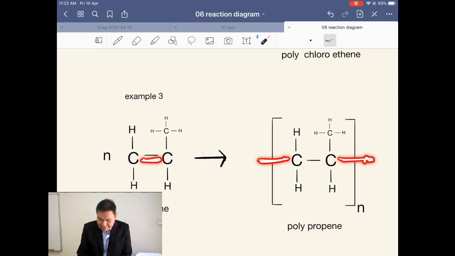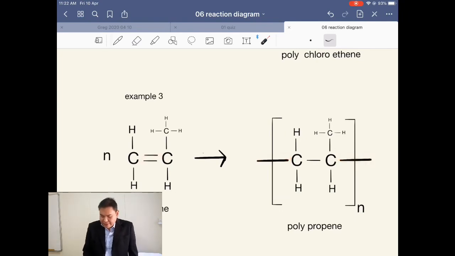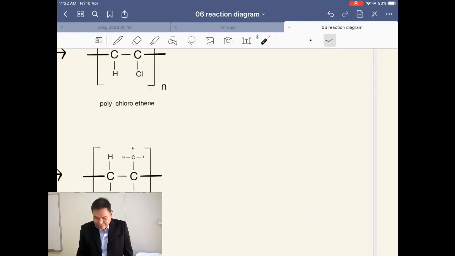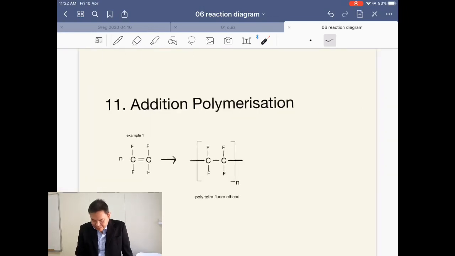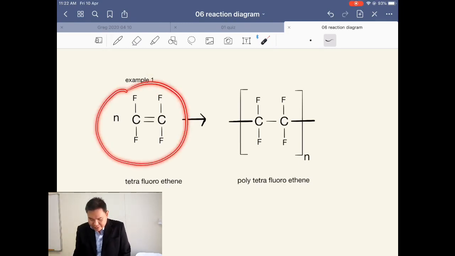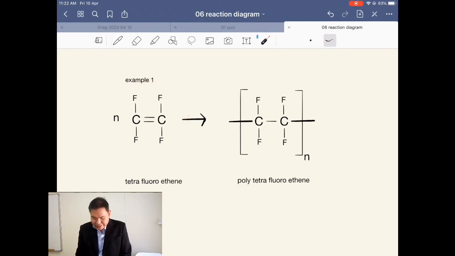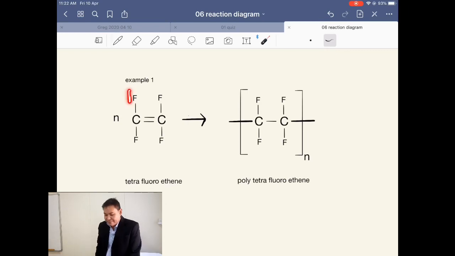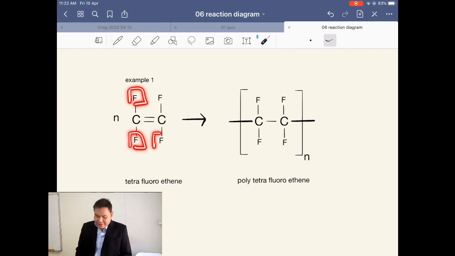This is example 4. This is called tetrafluoroethene. You have R1, R2, R3, and R4. All of them are fluorine. That's why it's called tetrafluoro. Tetra means 4, means the ethene has 4 fluorines. Then you produce polytetrafluoroethene.